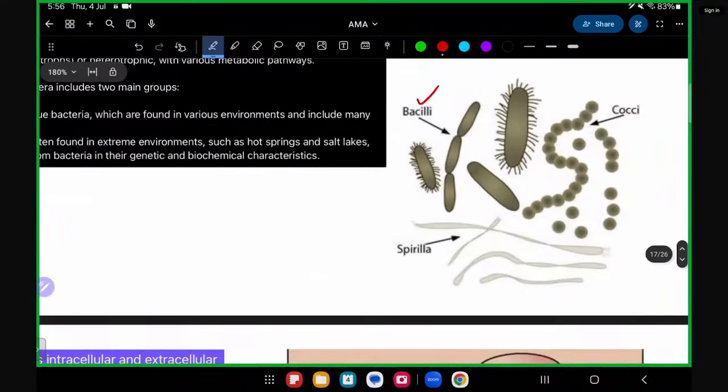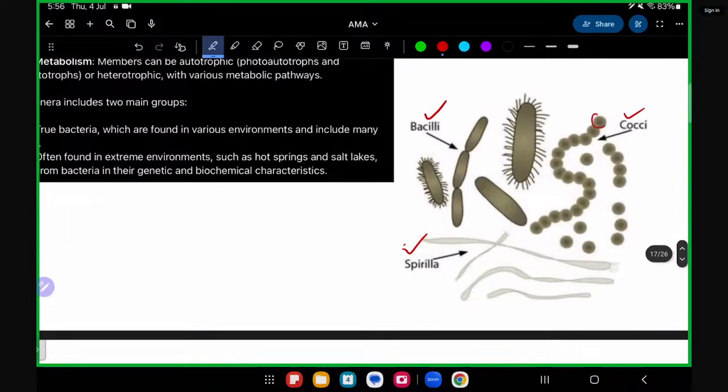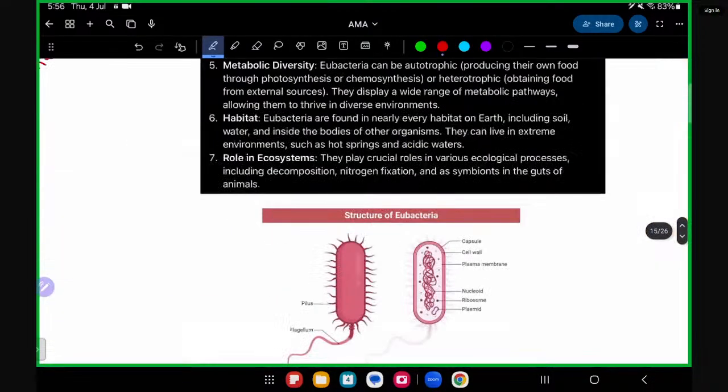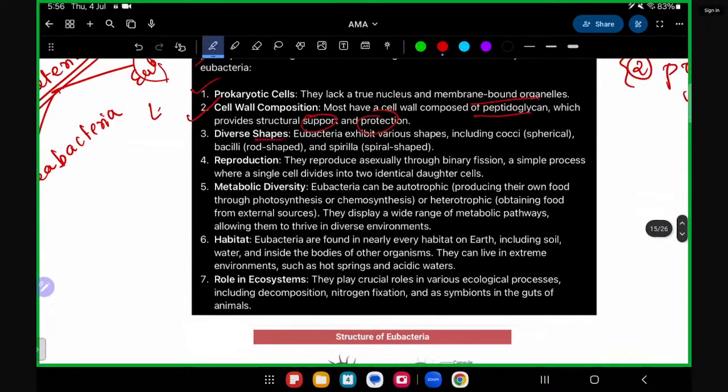That is Bacillus, Spirillum or Spirilla, then Cocci. These are the round shaped and elongated shaped. So bacteria have diverse shapes, including what? Cocci, the spherical shape. Bacilli, the rod shape. And spirilla, the spiral shape.